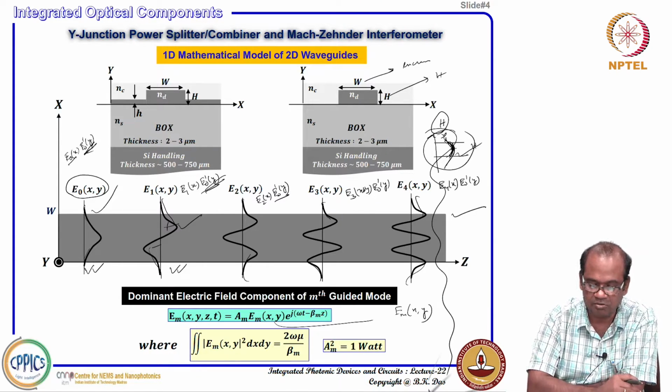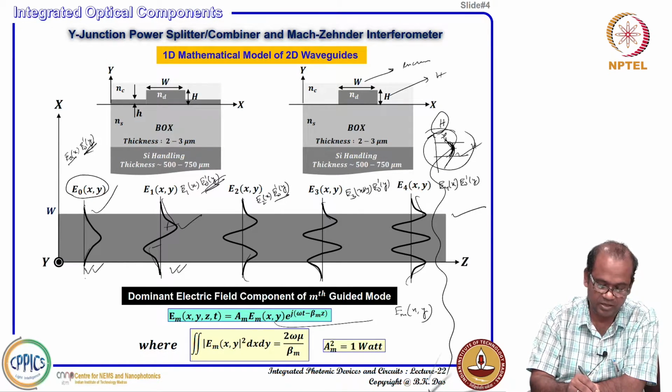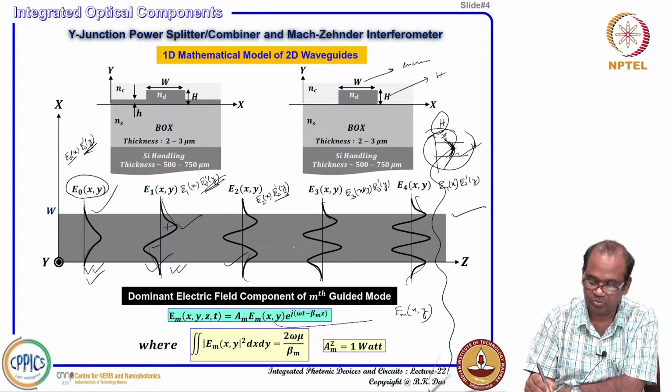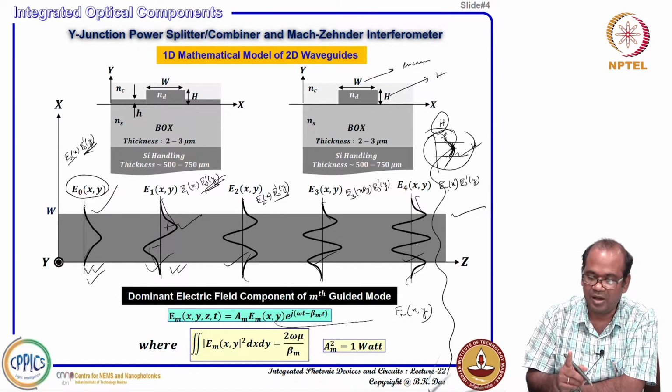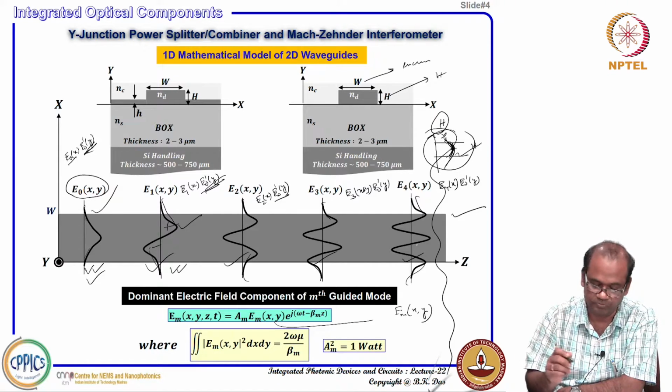This is how we can show the two dimensional waveguide, but we can also explain it in one dimension. In one dimension I can sketch the field distribution, considering the fact that the field distribution in the other direction does not change for any of the modes.